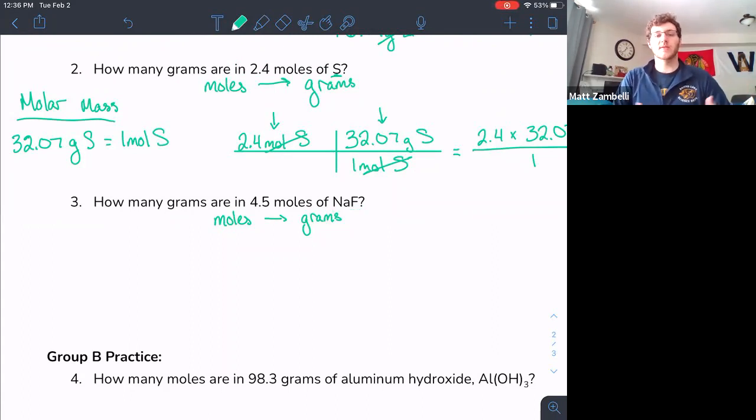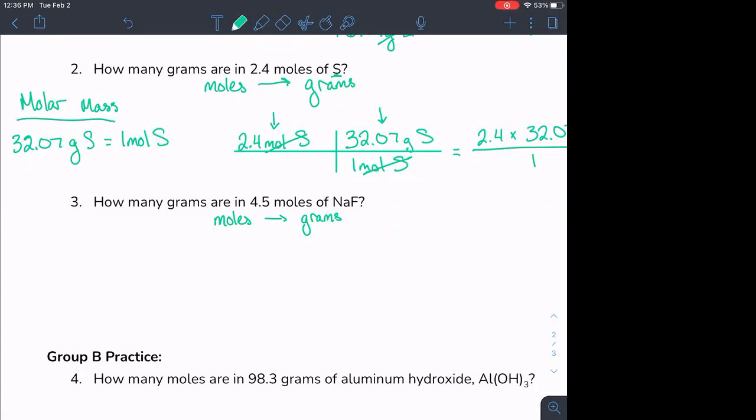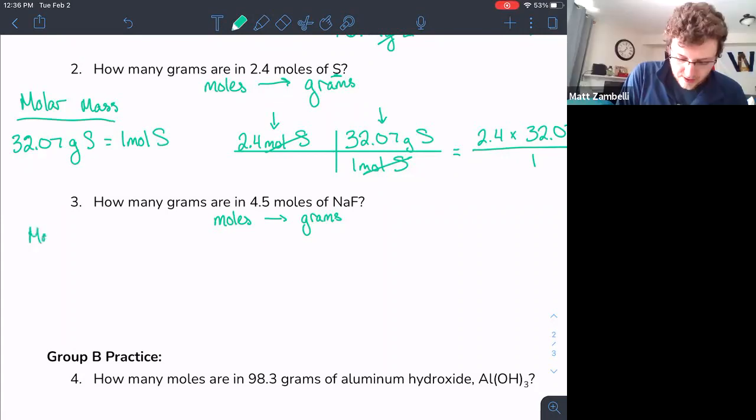In order to go from moles to grams, we need to know something. What do we need to know? Molar mass. Molar mass is perfect. So how are we going to find the molar mass?